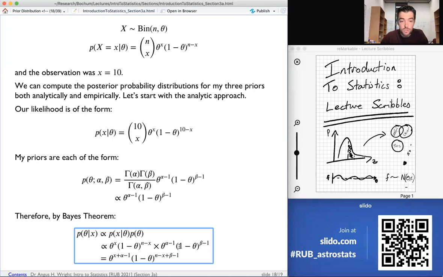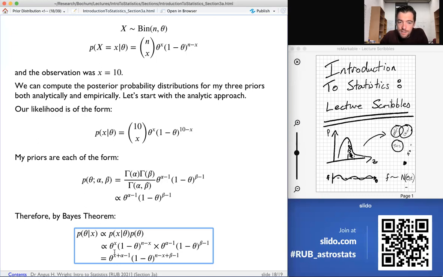And then I'm going to just do my combination of my various thetas and 1 minus thetas to get this posterior distribution here. The probability of theta given x is proportional to theta to the power of x plus alpha minus 1 times 1 minus theta to the power of n minus x plus beta minus 1.